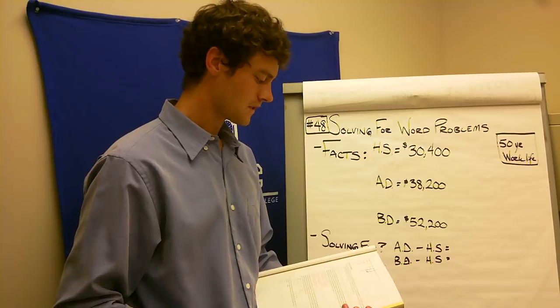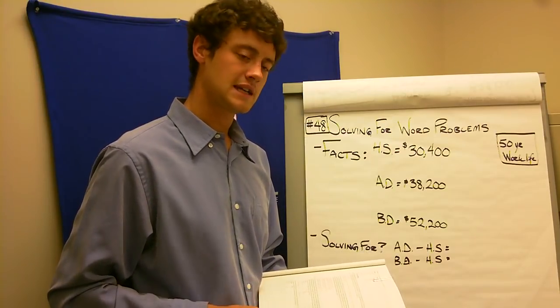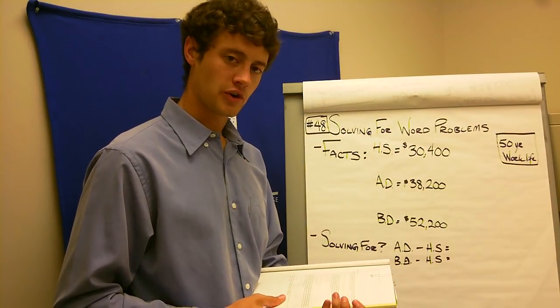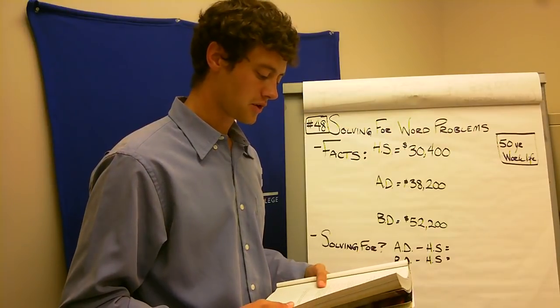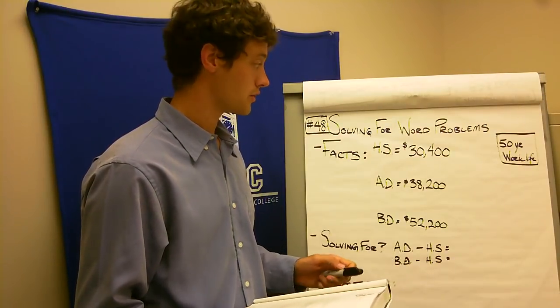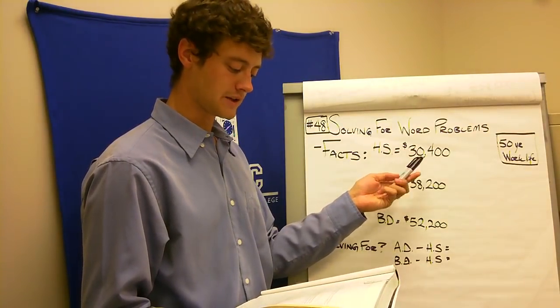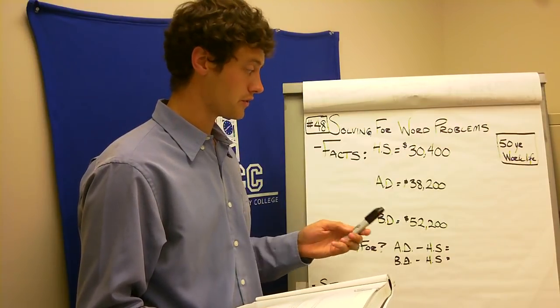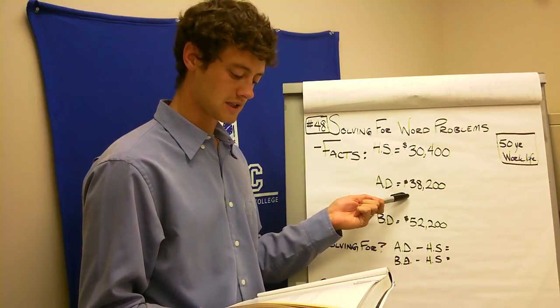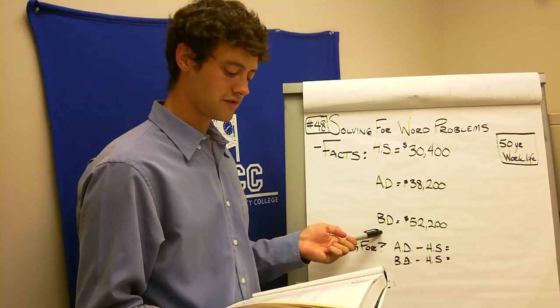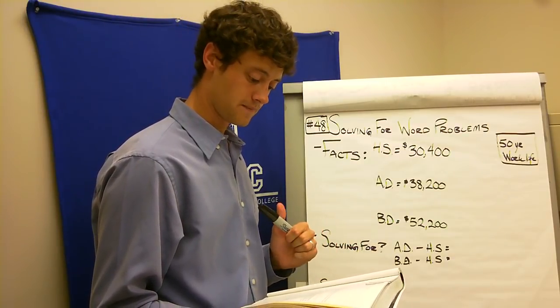It says, an education can be key to higher earnings. In a U.S. Census Bureau study, high school graduates earned $30,400 a year, associate's degree holders earned $38,200 a year, and bachelor degree holders earned $52,200 a year.